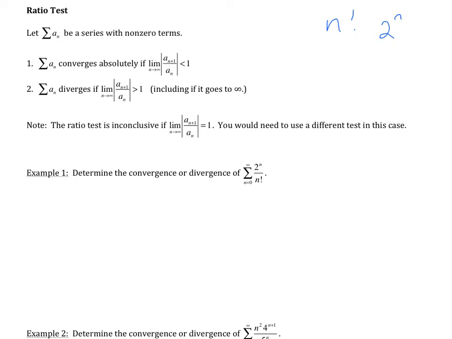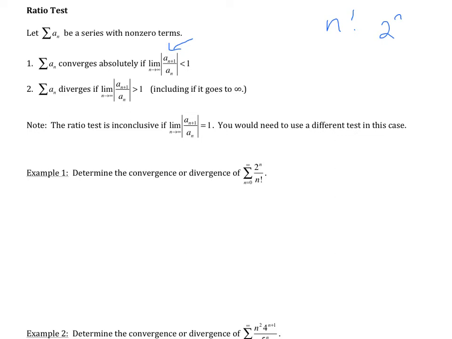All right, so let's look at it. Let the sum of a sub n be a series with non-zero terms. Then we have two cases, well, technically three, but the first case is if the limit of the absolute value of a sub n plus 1 over a sub n is less than 1. A sub n plus 1, we've seen that before. That's just where we take a term and then we also use the next term.